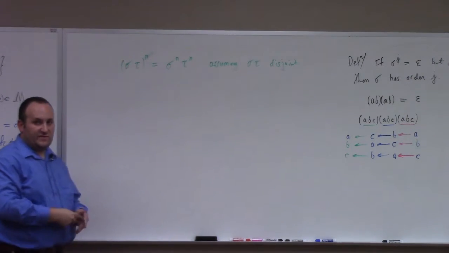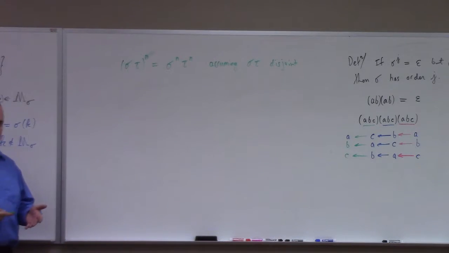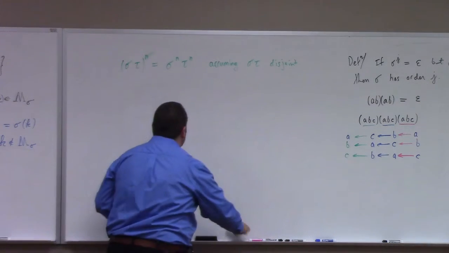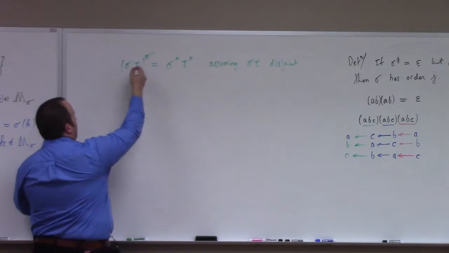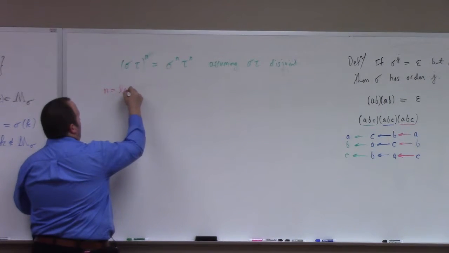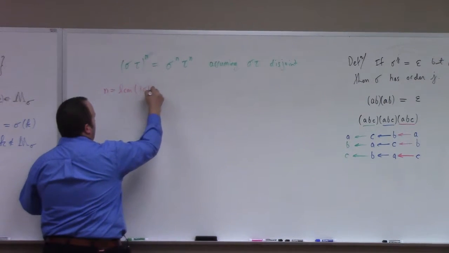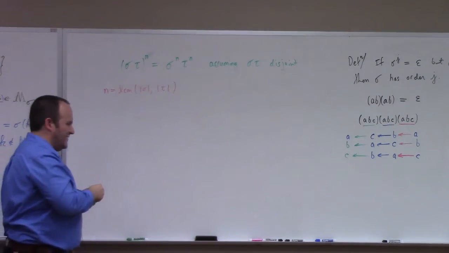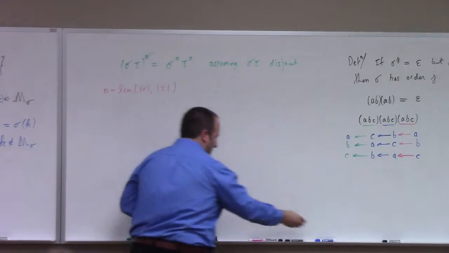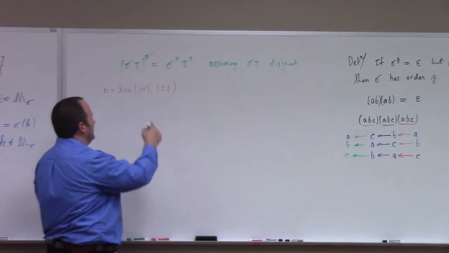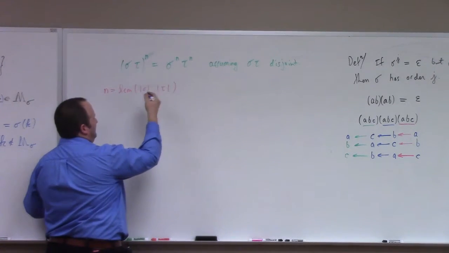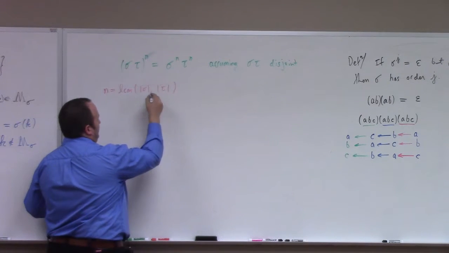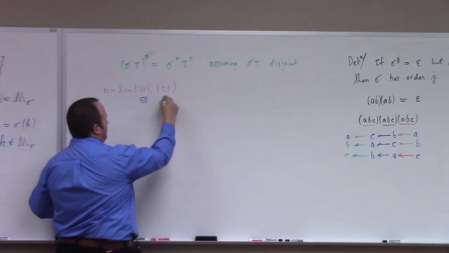So if we have disjoint cycles, then I think you're right on the money, because if we let n equal the least common multiple of the order of sigma and the order of tau. Let me come up with names for those. Let me call this one Pac-Man and Ghost.